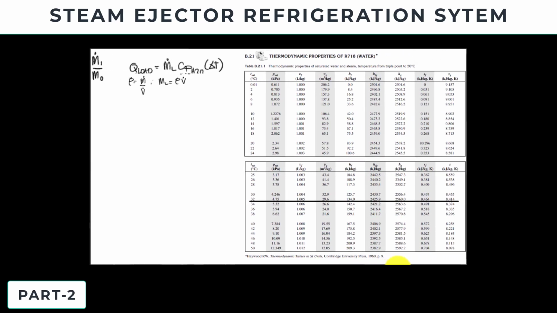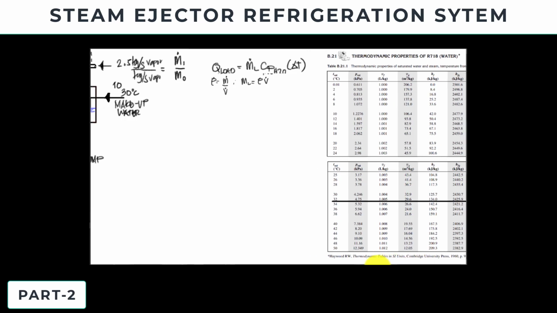If we look at the thermodynamic properties of R718, that is water, at 32 degrees Celsius, we have the corresponding vf, which represents the fluid in the liquid state, and that would be 1.005, and the other one is for the gaseous. So I'll be using that one.